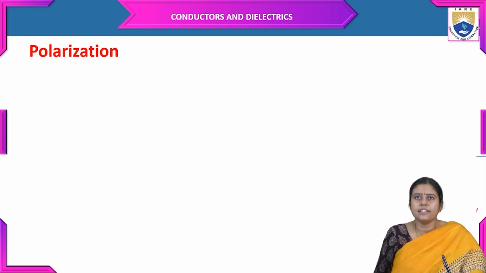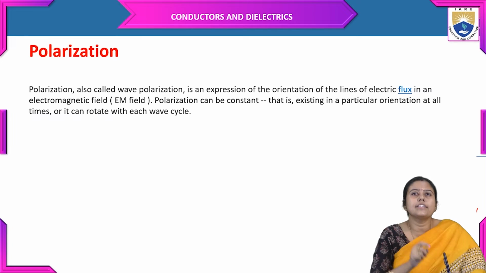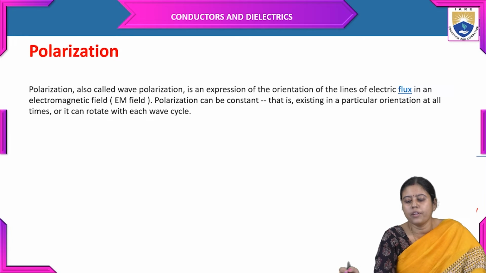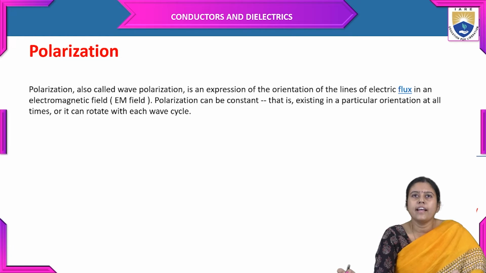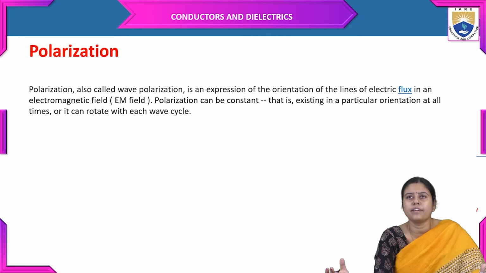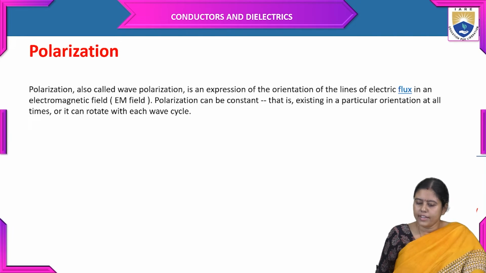What is polarization? Polarization, also called wave polarization, is the expression of orientation of the lines of electric flux in an electromagnetic field. If there is an electromagnetic field and there is some electrically polarized material, the direction of the electric fluxes is known as the electric polarization.